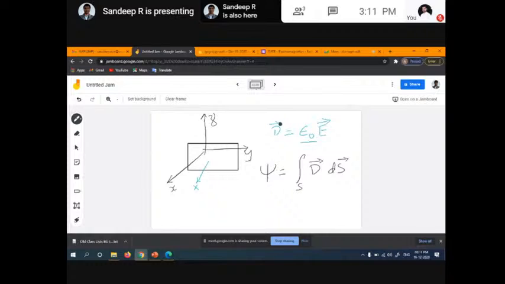I only consider those components of flux which are normal to the surface. If it is not normal, then I determine the component of flux along the unit normal vector. That is why we take the dot product D dot ds, and I cover the complete surface area, then I would get the total flux.